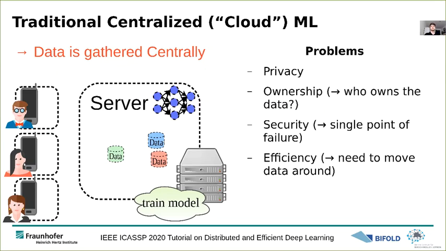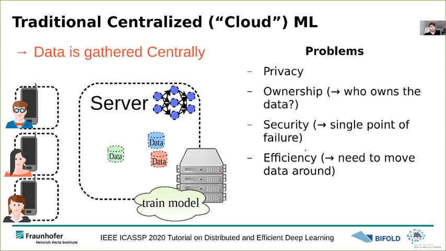Another big problem is ownership. Once the data leaves your local device, it's very difficult to track what's going on with your data, and this is another big problem of the centralized approach. Security is another big issue.